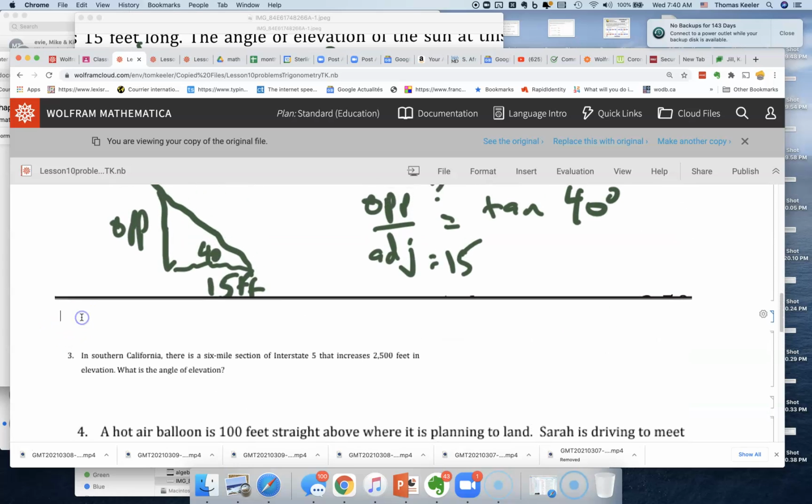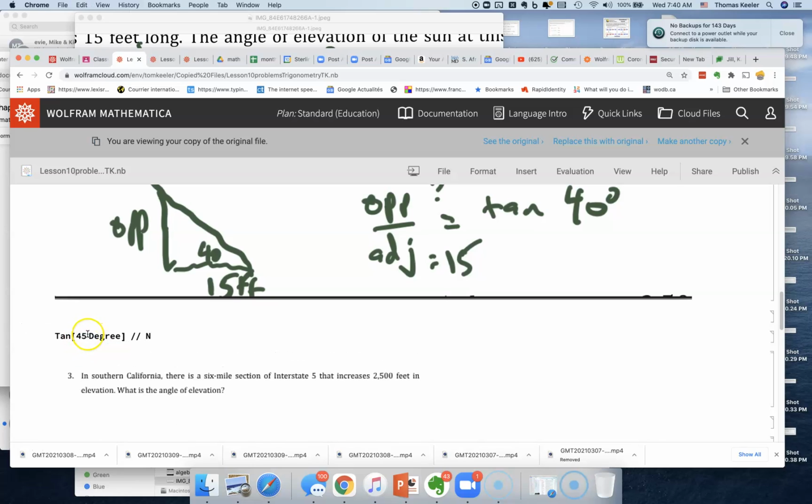That's a big part of the success story in computer science. It's so easy for things not to work. And so this one looks again like we're going to multiply 15 times the tangent. So we'll do that.